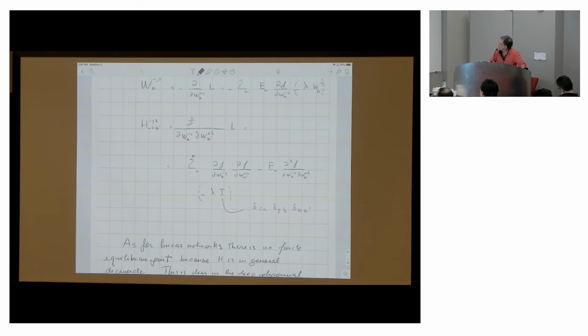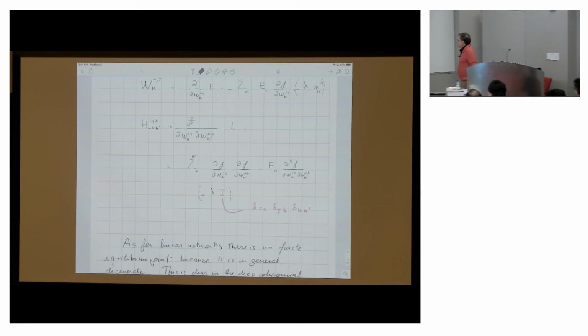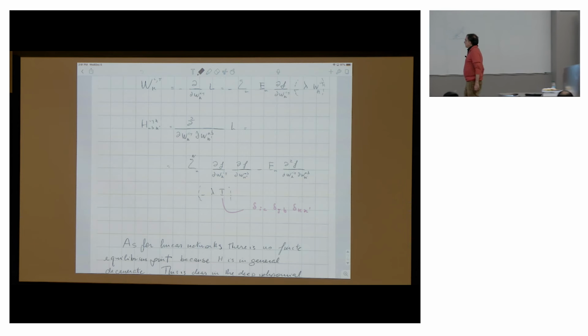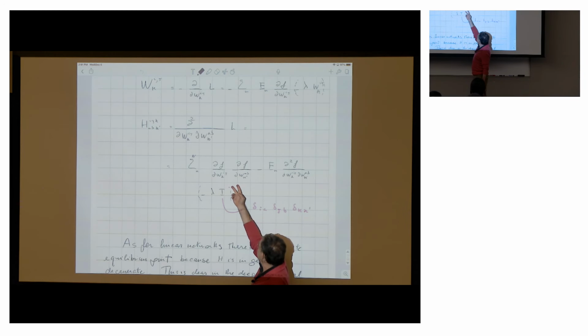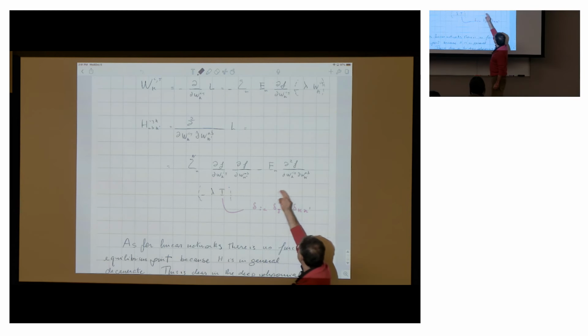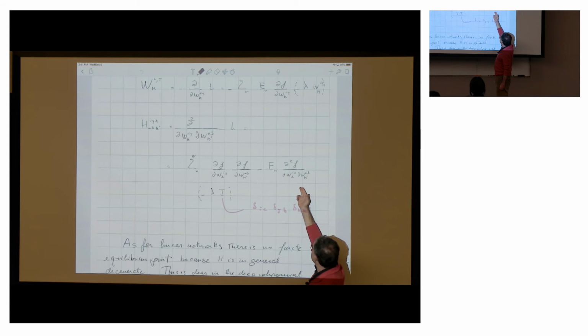But the Hessian in general would be degenerate. This will be again in general a rank 1 matrix, and I can show you in a second result.